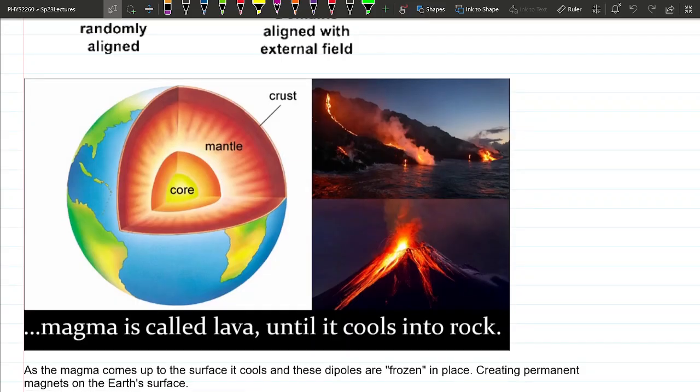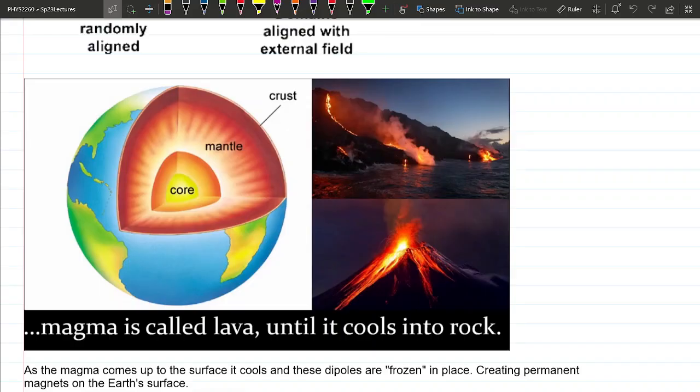And this is the reason why people started discovering magnets just by picking up rocks, and sometimes they stick to each other, sometimes they don't. That's why a lot of the early magnetism was in China and ancient Greece, where there is a lot of volcanic activity.